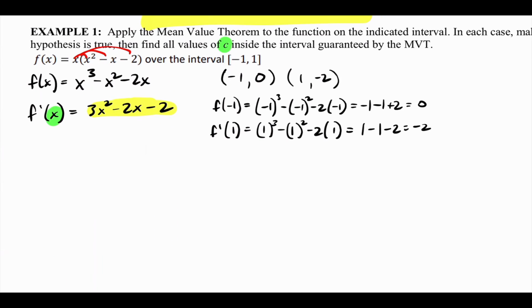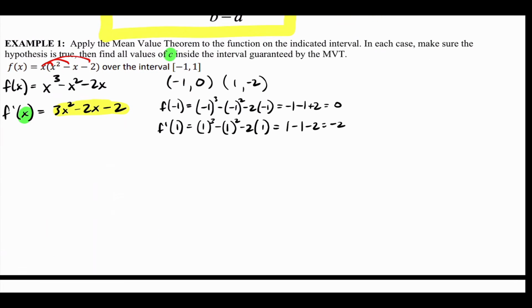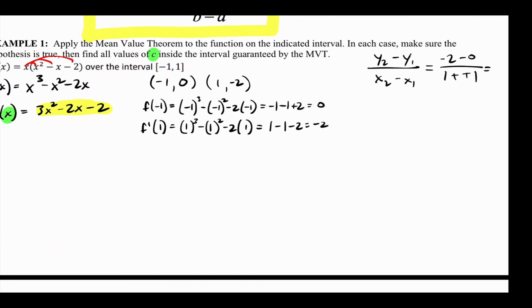That's where y2 minus y1 over x2 minus x1 comes in. So we have negative 2 minus 0 over 1 minus a negative 1.